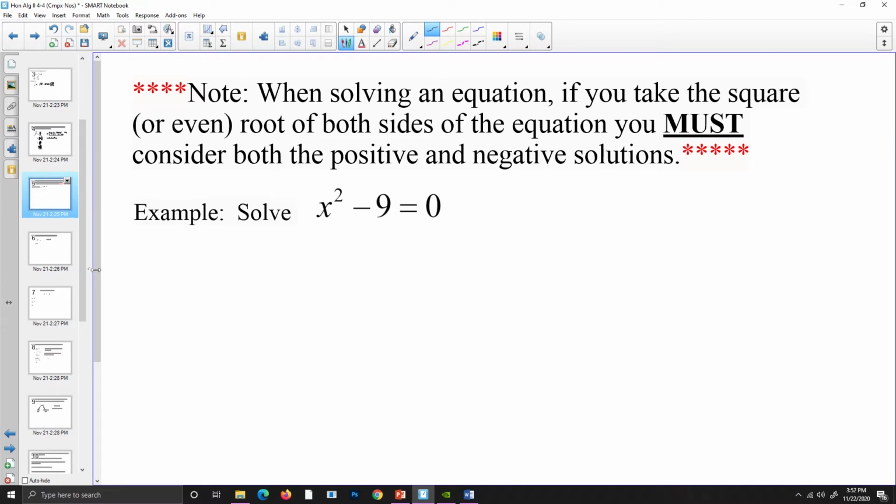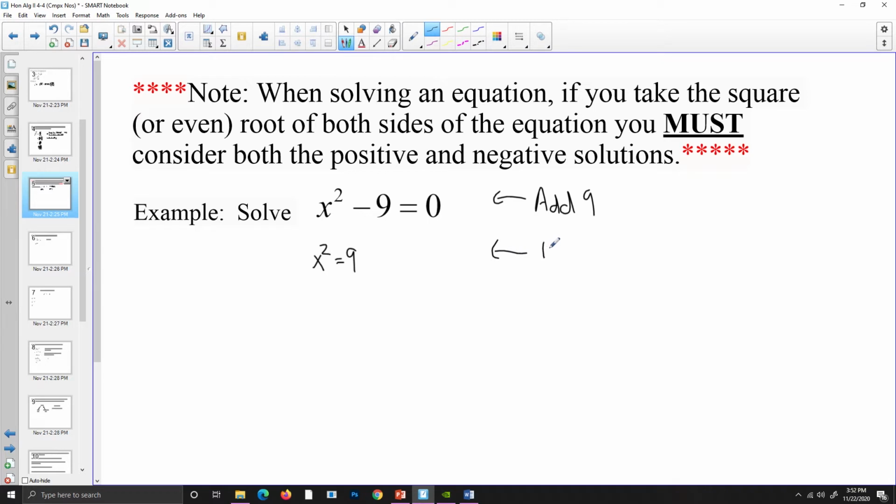Remember, when you're solving an equation, if you must take the square root or even root of both sides of the equation, you must consider both the positive and negative solutions. So from the last one, if we were to solve this by extracting square roots, I go x squared is equal to 9. So I'm going to add 9.